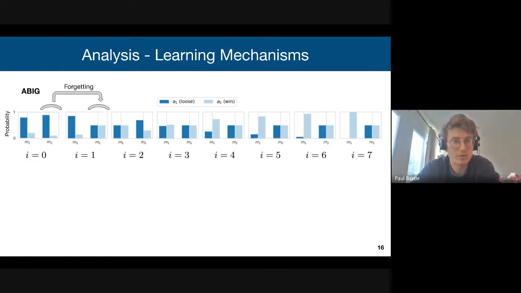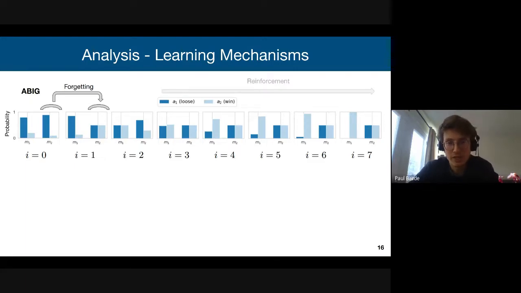The first one is illustrated here, and it's a forgetting mechanism. If the architect is not guiding the builder with a message, because for example this message will yield a high probability of losing, the builder, because it's not doing self-imitation on that specific message, is going to forget the association between this message and actions.